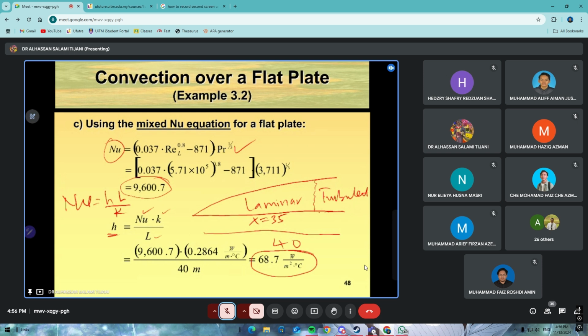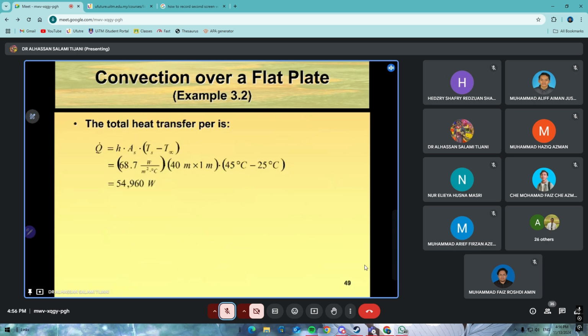It is this value that we are going to use to calculate the heat transfer, which is hAΔT. So now you see, the total heat transfer across the plate is given by this. Very easy.